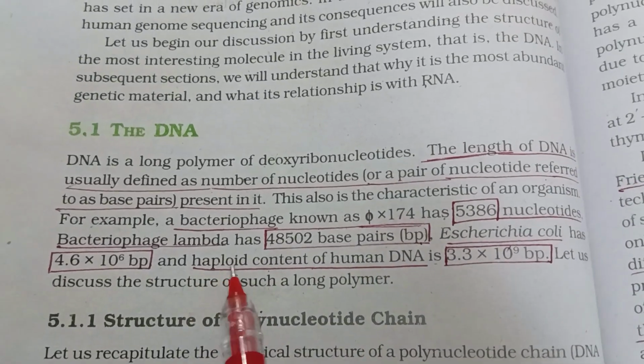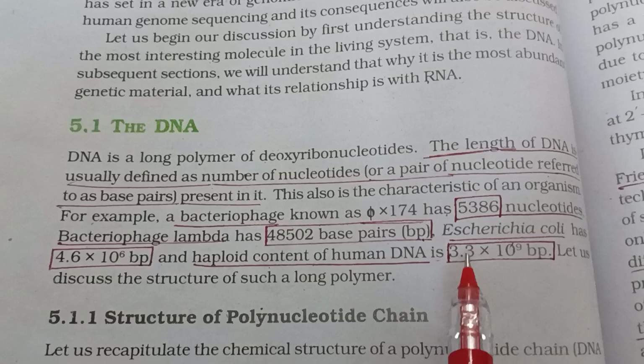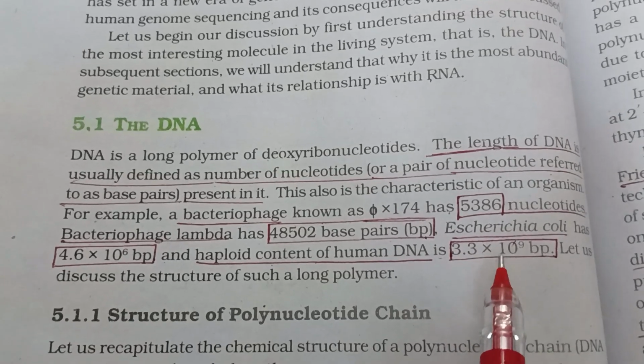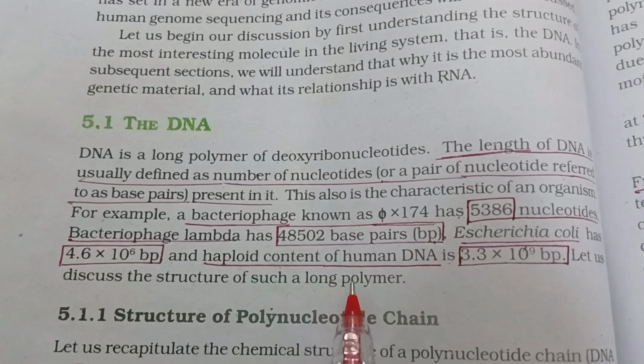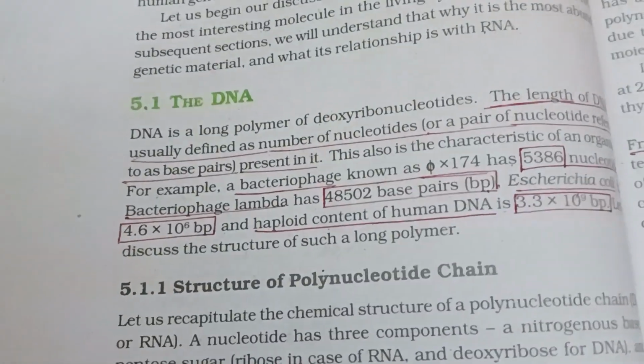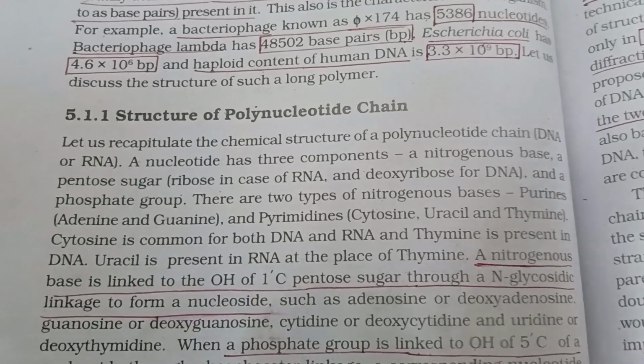So the diploid content of human DNA will have 6.6 × 10^9 base pairs. So let us discuss the structure of a long polymer, the structure of polynucleotide chain.